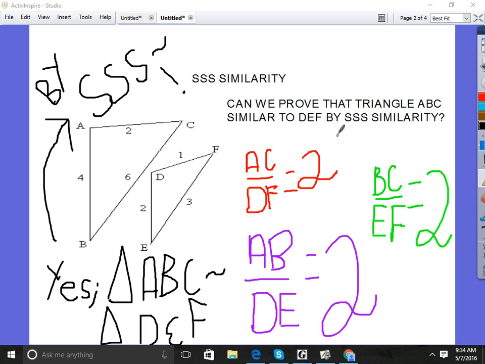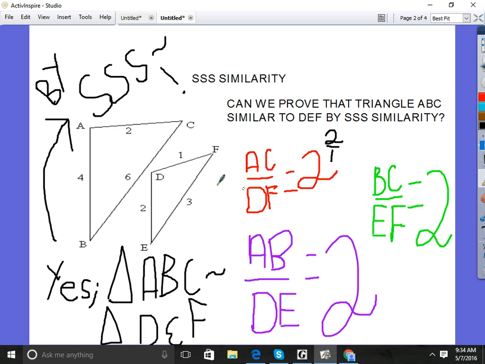So that's 2 over 1, right? 2 over 1 equals 2. Now you have to see if all the corresponding side lengths have the same scale factor ratio.